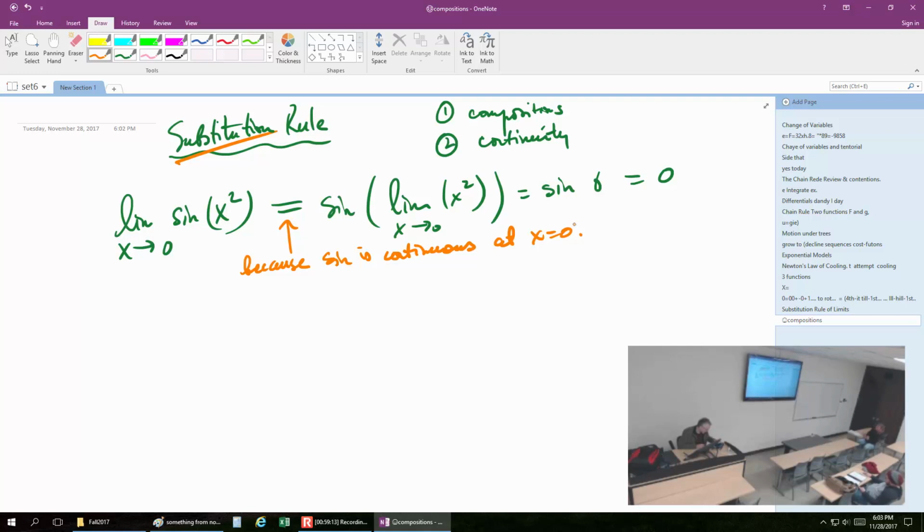So quotient rule, sum rule, all of that is fine, I suppose. Shouldn't be a big problem. Okay, so what else? Indeterminate expressions, we know how to deal with them. There's really no difference in treating sequences or functions in that sense.